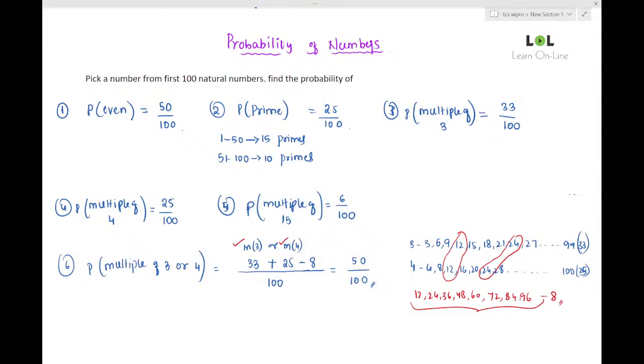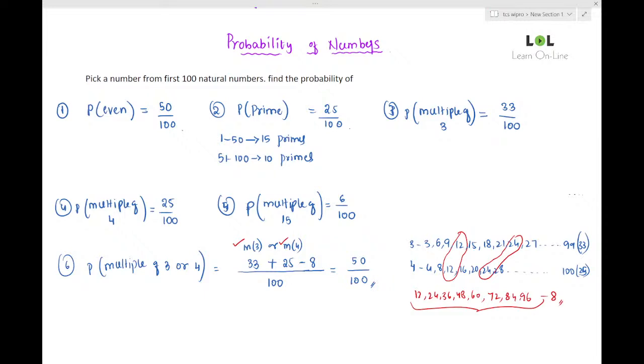See Manohar, in multiples of 3, 33 multiples are there, we took them. In multiples of 4, 25 are there, we took them. But if you see, there are common multiples between 3 and 4. Which are those? 12, 24, 36, 48, 72. All the multiples of 12 are common between both 3 and 4.